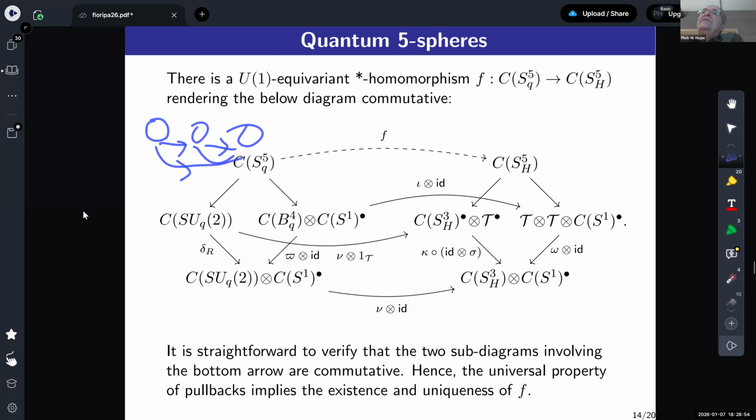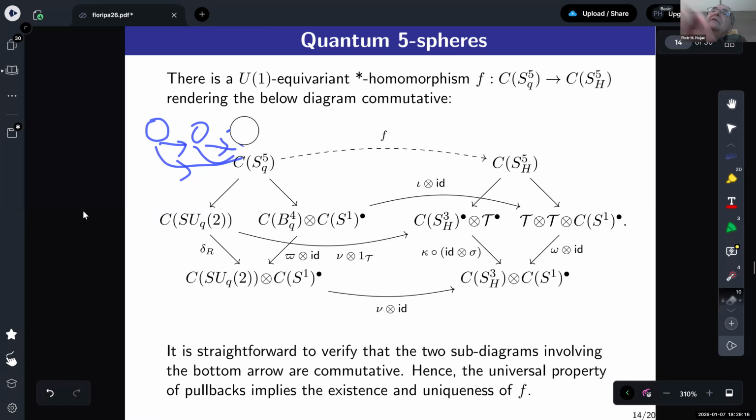Right? So this is S5. The graph C-star algebra of this graph is the C(S5Q). And when you go to the Hong-Szymański quantum 4-ball, basically it's very much the same thing, but you have to remove that circle. So the graph C-star algebra of this graph is the Hong-Szymański quantum ball.